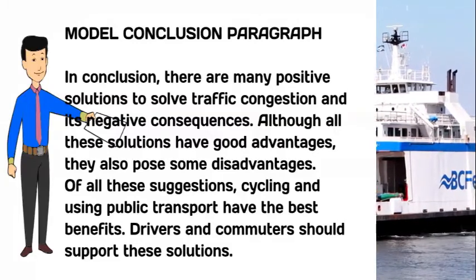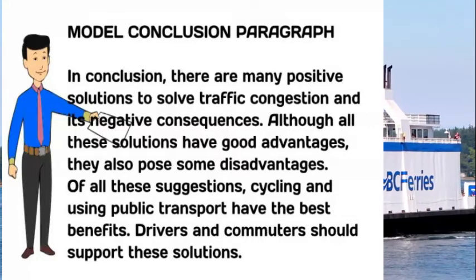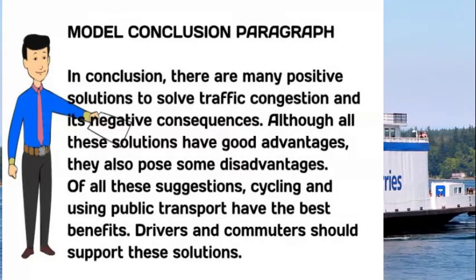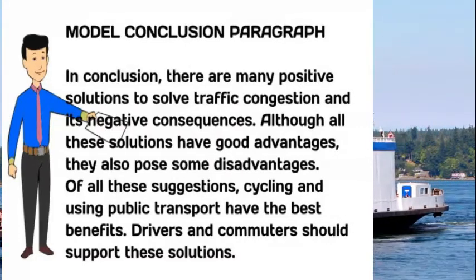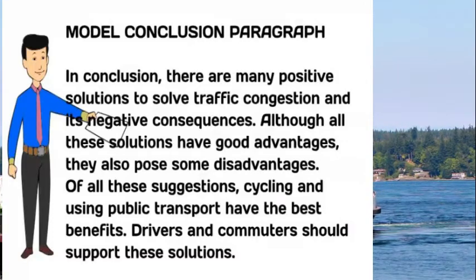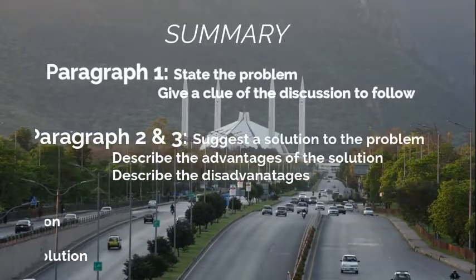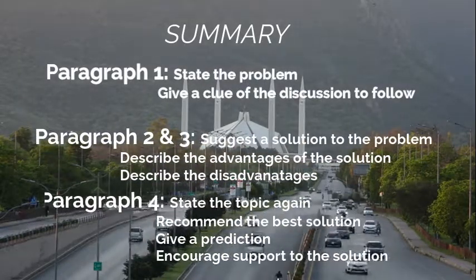Of all these suggestions, cycling and using public transport have the best benefits. Drivers and commuters should support these solutions. In summary, you can see the structure of your essay.